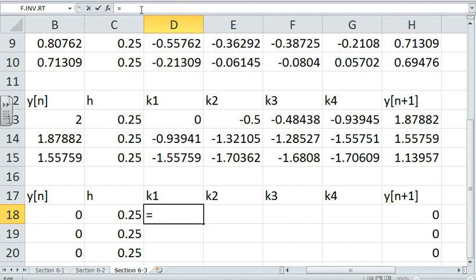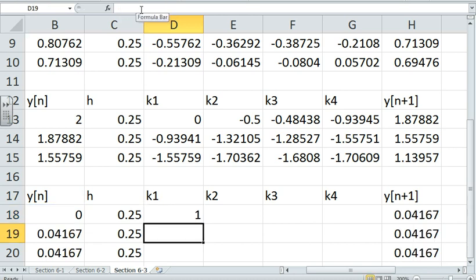Equals, okay, so we want exp of minus y, which is B18, close parentheses. Right.